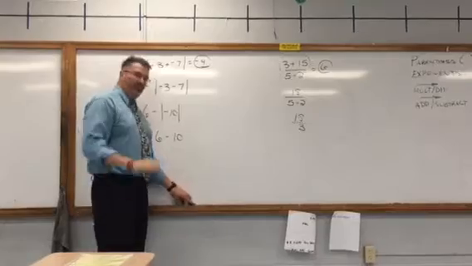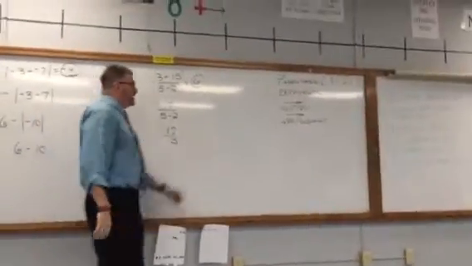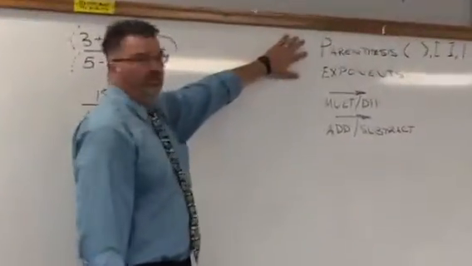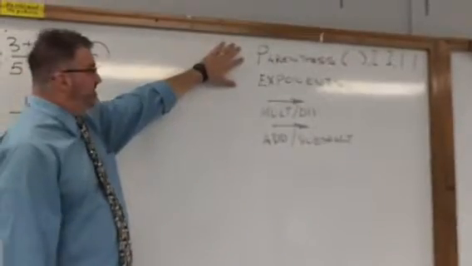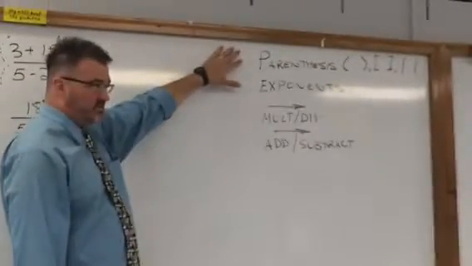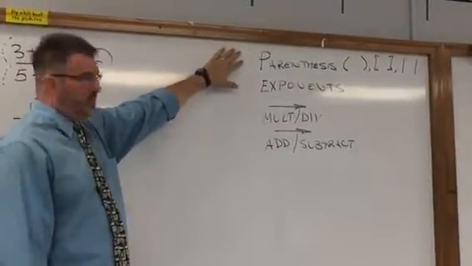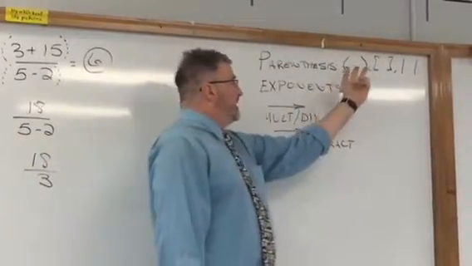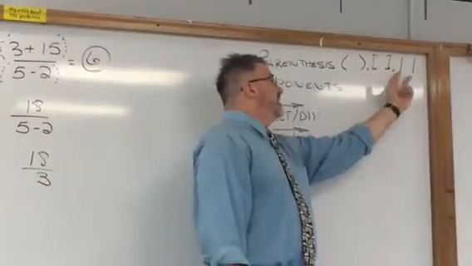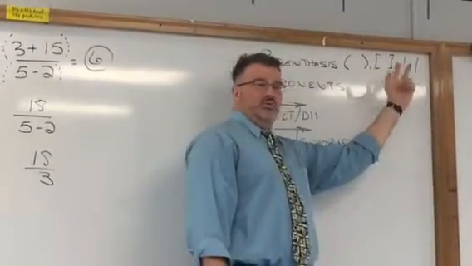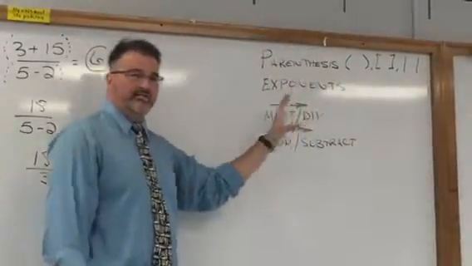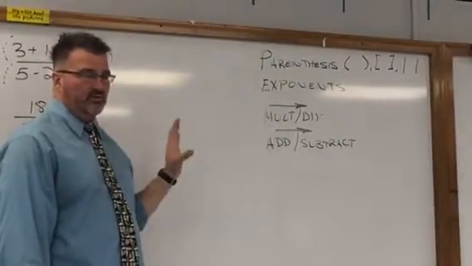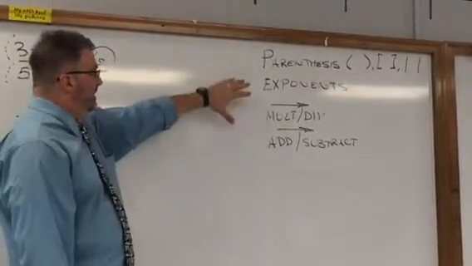Step over here and run through it one more time for you. Whenever you're doing a problem that's got more than one operation, you start with parentheses. Are there any grouping symbols? And a reminder that it's the traditional parentheses. It could be brackets, or it could be an absolute value symbol. You take care of whatever's inside any one of those symbols first.